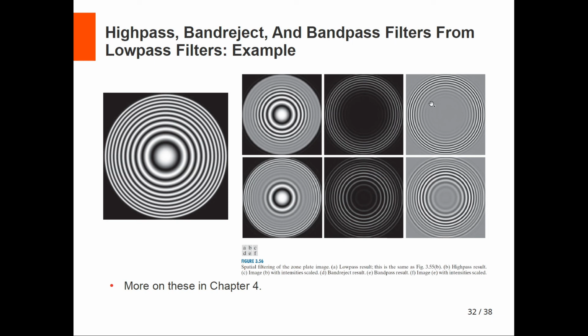Again, you see that these frequencies closer to the center, which had lower frequencies, are smoothed out, while the higher frequencies are kept intact. This one is the result of having a band reject filter, and finally we have here the result of a band pass filter. Of course, as I said, we go into much more detail when we discuss Fourier transform in chapter 4.